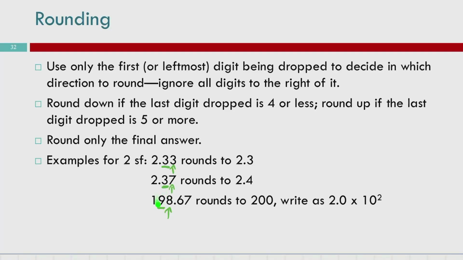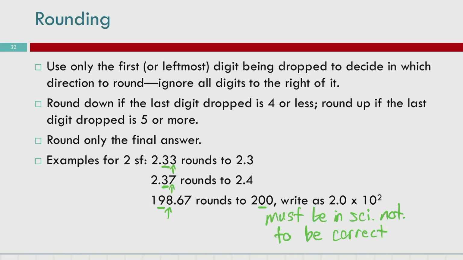The 9, if you add 1 to 9, turns into a 10. So then this suddenly becomes 200. But again, we only have 2 significant figures, and so we need to put it in scientific notation to be correct.